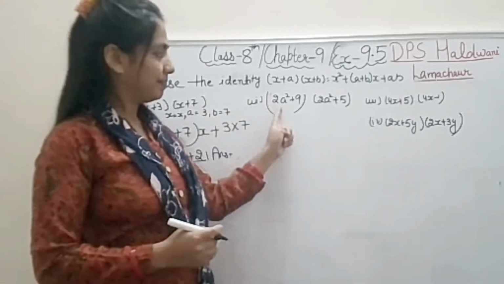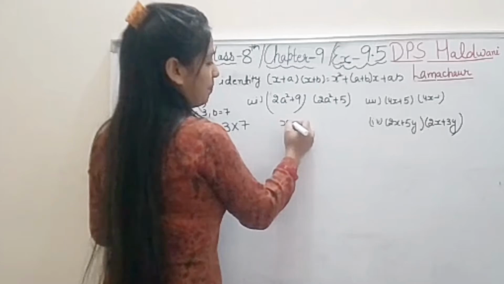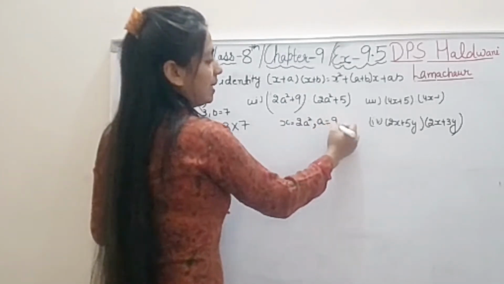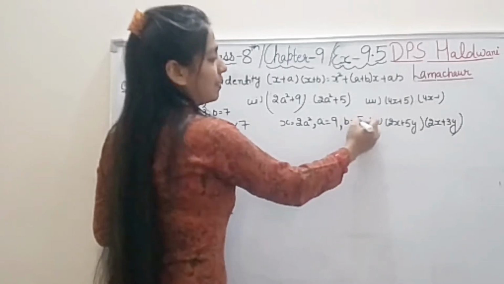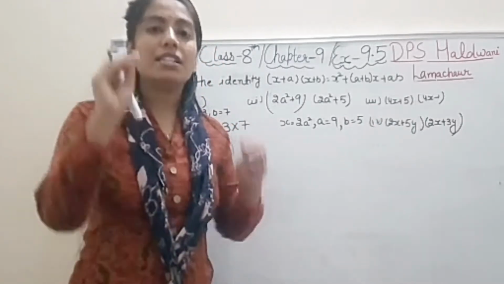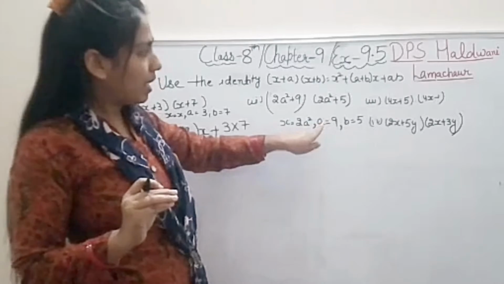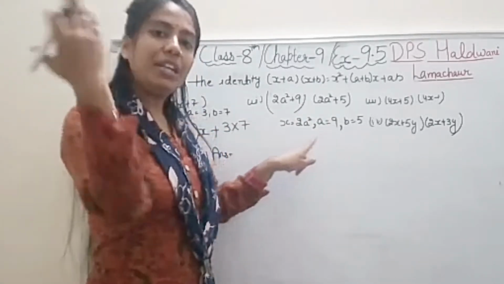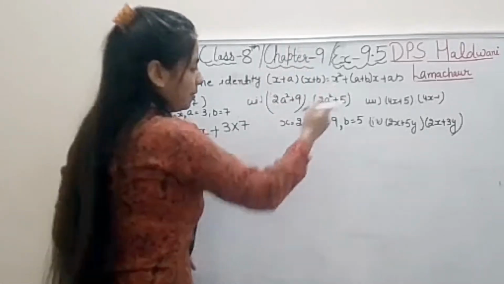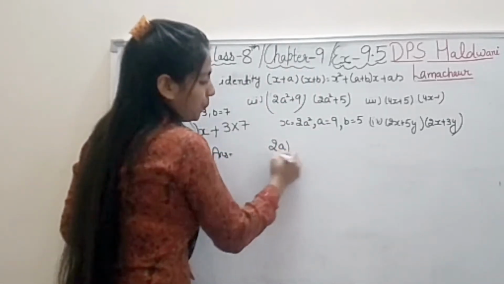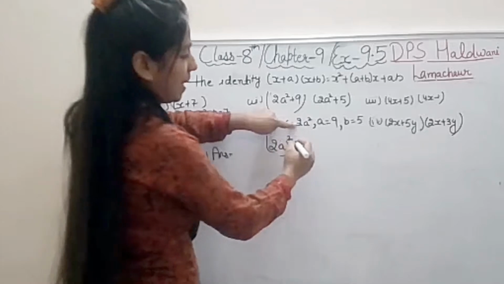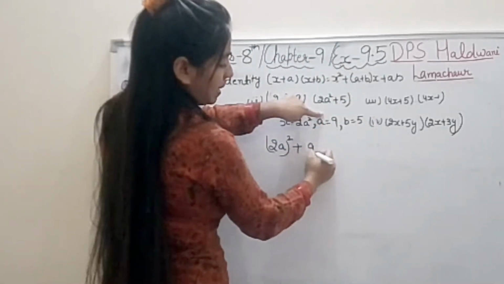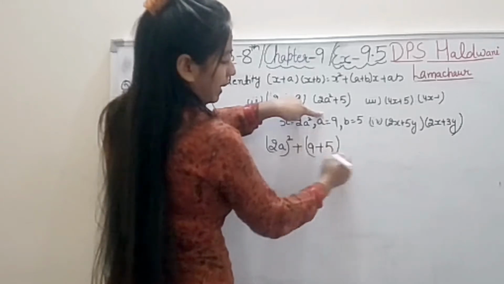Coming to b part. x is same, that is 2a square. In the place of a there is 9 and in the place of b there is 5. For the convenience you can write according to the formula, but place the respective terms. Now putting into the formula. x square means 2a square, plus (a plus b), a is 9, plus b, bracket x.